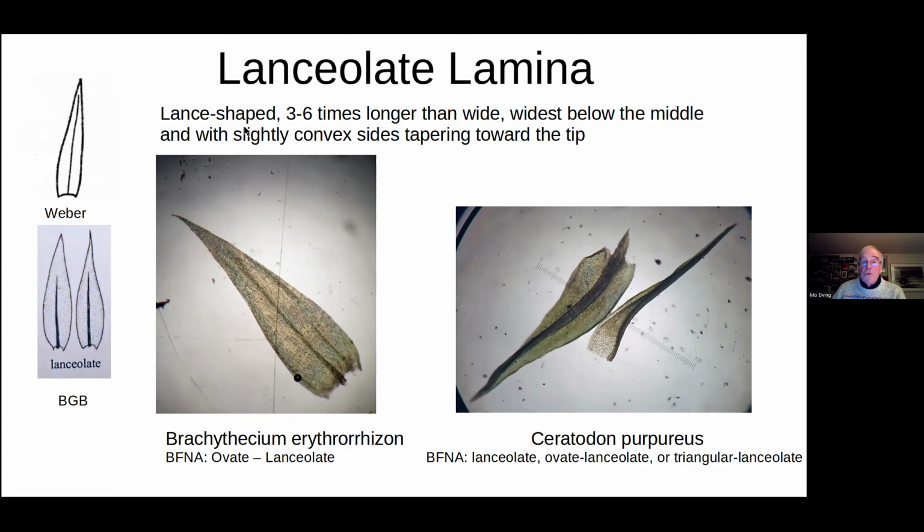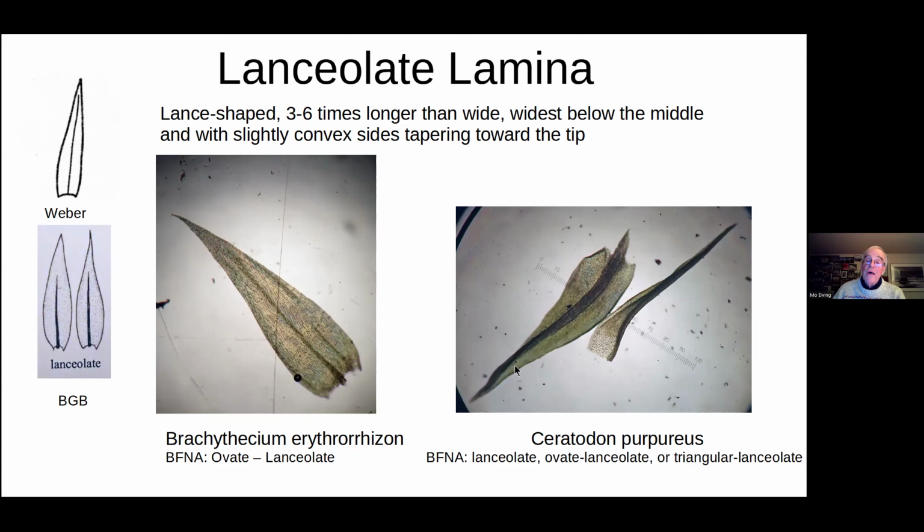The first shape is called lanceolate, and the lamina is the bryophyte word for leaf. It's generally defined as leaves that are 3 to 6 times longer than wide, widest below the middle, with slightly convex sides tapering toward the tip.